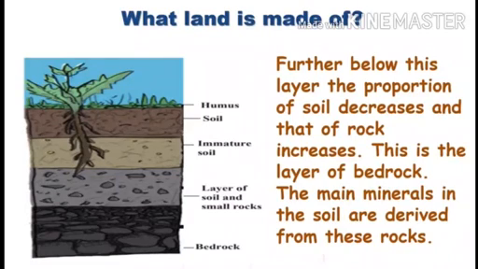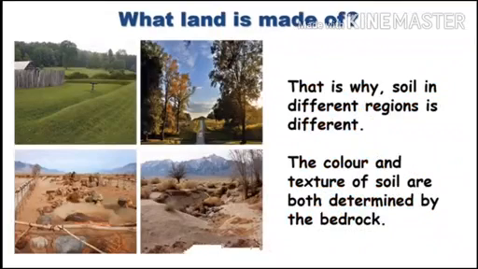This is the layer of bedrock. The main minerals in the soil are derived from these rocks. Due to these rocks, the soil from different regions is different. The color and texture of soil are both determined by the bedrock.